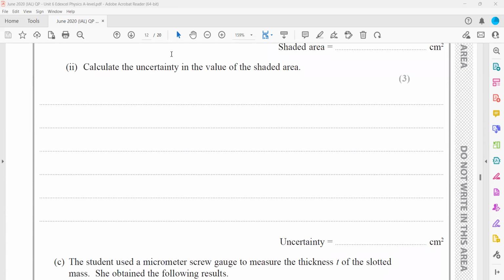We have to calculate the uncertainty in the shaded area. The shaded area is the whole area minus the slotted area.